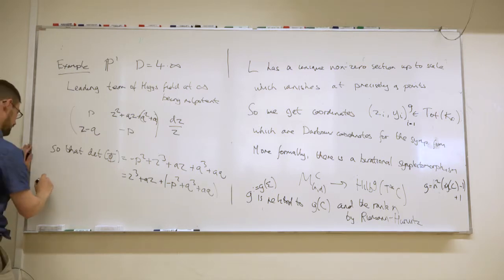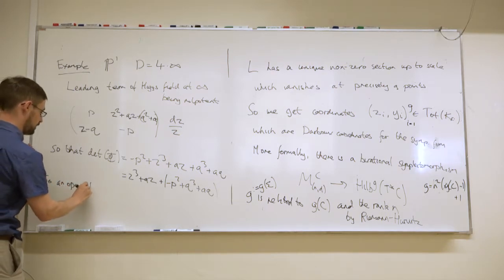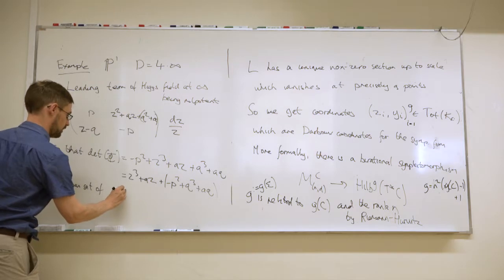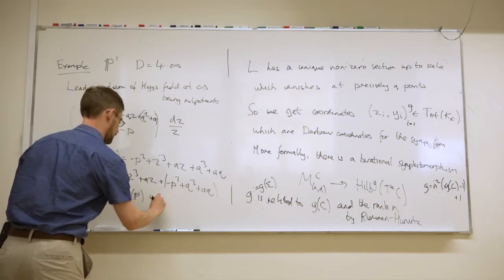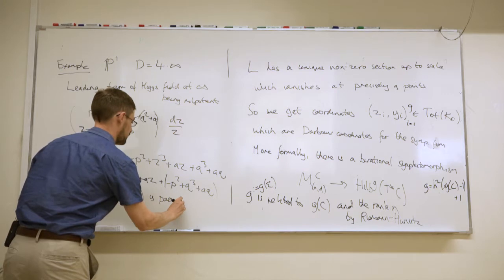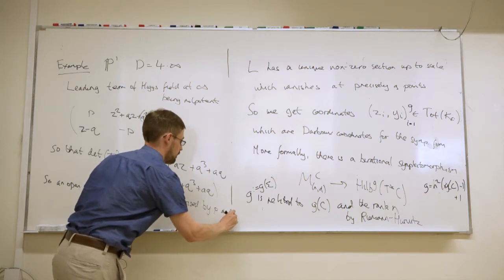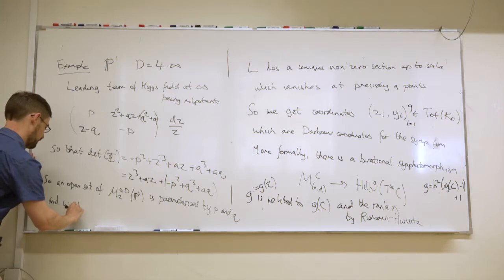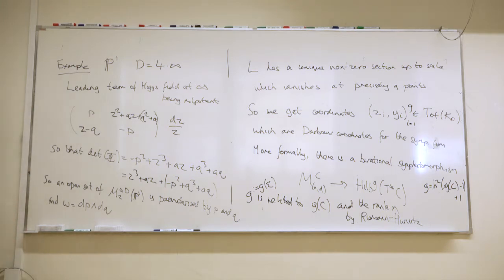So an open set of the moduli space is parameterized by P and Q, and the symplectic form is dp wedge dq.